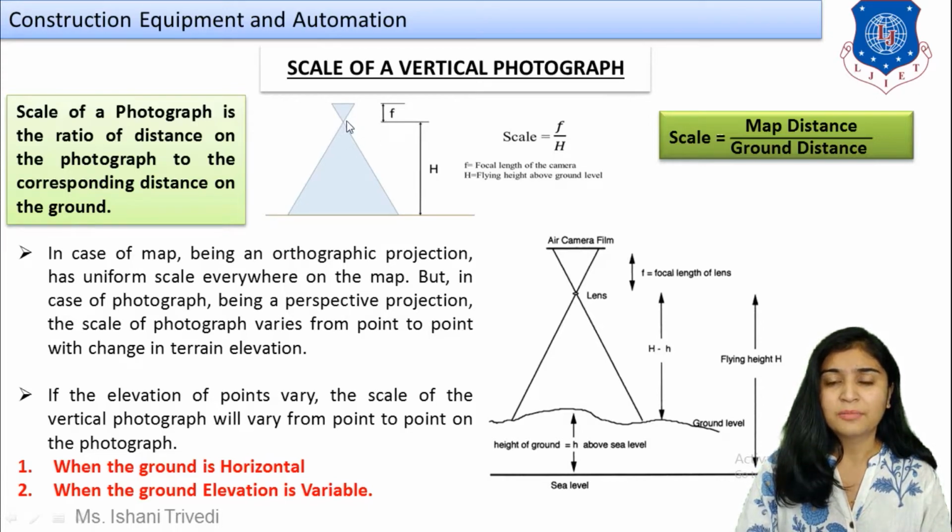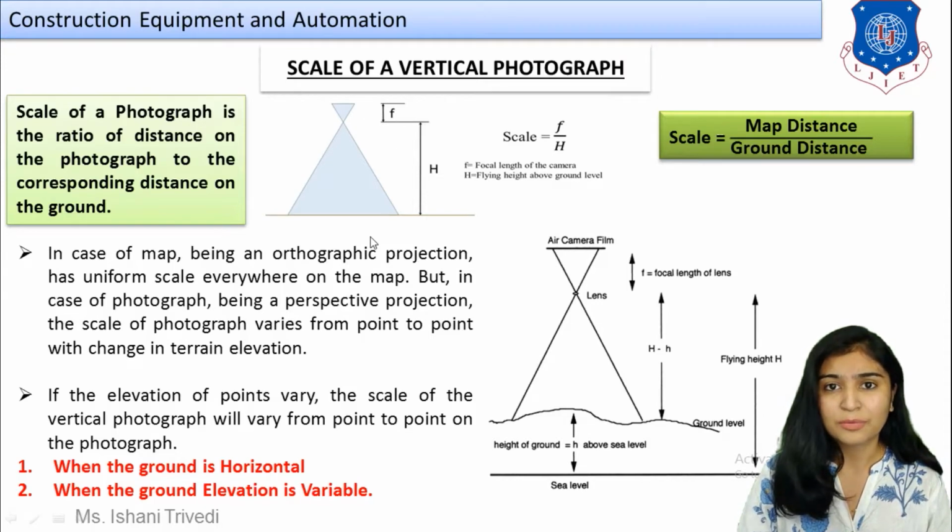And from the photograph till the ground, the distance will be referred to as capital H. So f is the focal length of the camera, and H is the flying height above the ground level. Right, that is the height of the aircraft, the flying height just above the ground level. By dividing both of them, you are going to get the scale, meaning what you are getting on the photograph will be plotted in the topographical map.